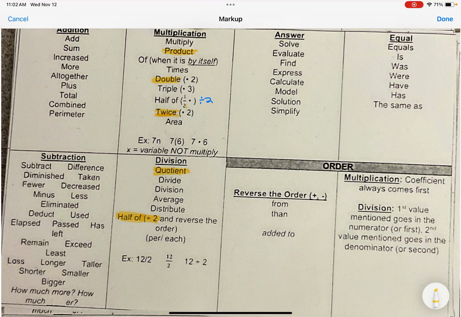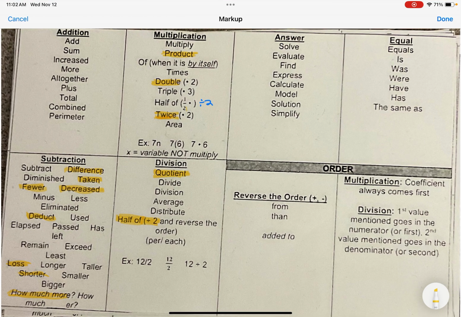All right, and so some of these others will come up, like in subtraction, we have difference. That one's gonna come up a lot. Anytime something is taken away, it's fewer, it's decreased, deducted, okay? A loss, shorter, taller, longer, how much more? All of those things are gonna be subtraction, okay?